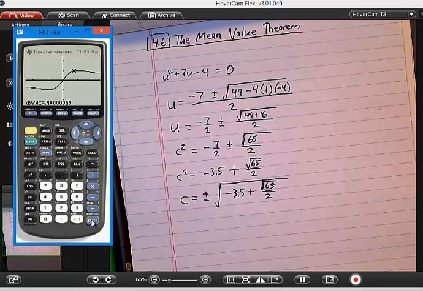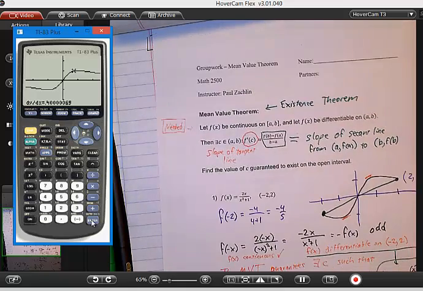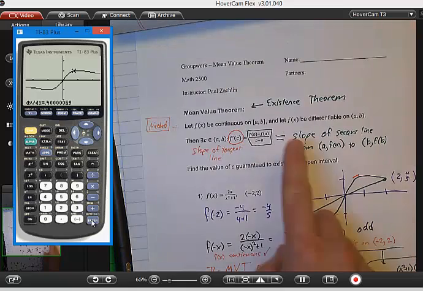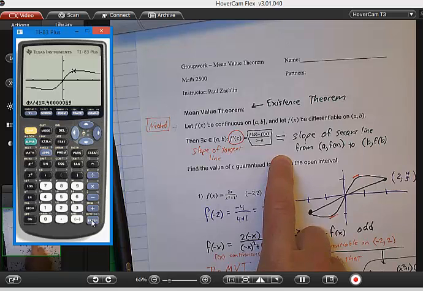So your homework, if you get frustrated at all with the homework, I'm guessing it's going to be the algebra. The algebra is a little nasty at times. But let's make sure we understand the calculus. Go back to the theorem here. Why is this true? Why is it that this C has to exist?